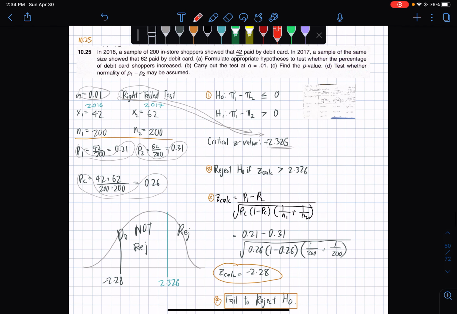Let's see if this is the same answer as the one in the ebook. The answer key, 10.25. C is, yeah, this is correct.